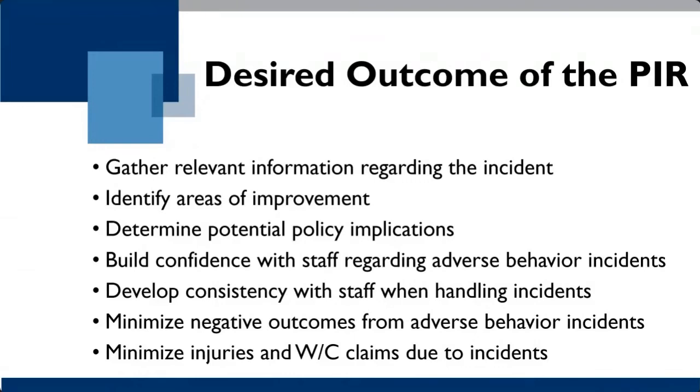So you want to be able to deal with it on every side of the event, from the employees to the residents, the whole nine yards, so that you can minimize the incidents and thereby minimize adverse negative outcomes. And then, of course, minimizing injuries and work comp claims. Again, we want to try to minimize those, which provides for a more efficient, effective, and profitable business for you guys. And obviously, the insurance company, we want to minimize those losses as well.